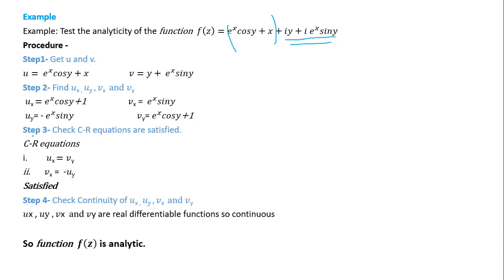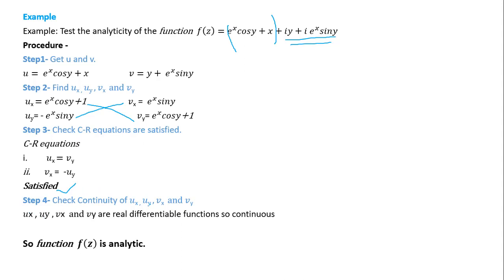Step number 3. Now check whether the CR equations are satisfied or not. ux equals vy, and vx has to be equal to minus of uy. So this is true, and the CR equations are satisfied. If these are not satisfied, then we say the function is not analytic. Since it is satisfied, we go for step number 4.